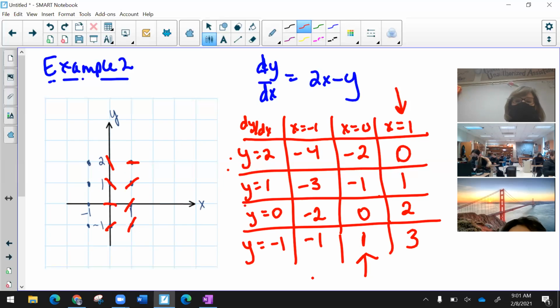And again, I would start at the bottom for x equals -1 because I know what a slope of -1 looks like, and then you just make them steeper and steeper as you go along. Okay, we all right? We good? Yes?